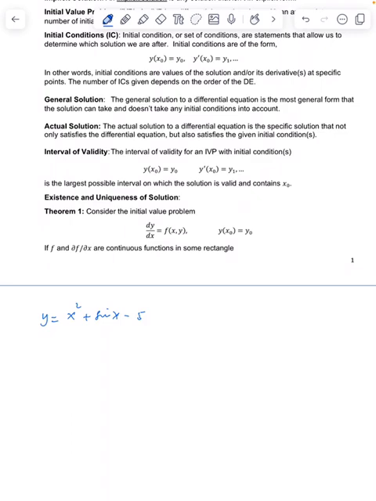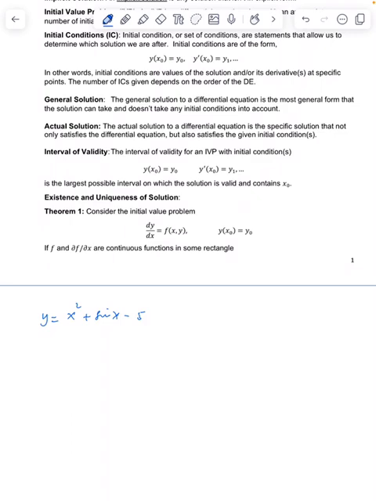So this is called an explicit form of the equation. So if our solution is given like this, then we say it's an explicit solution.